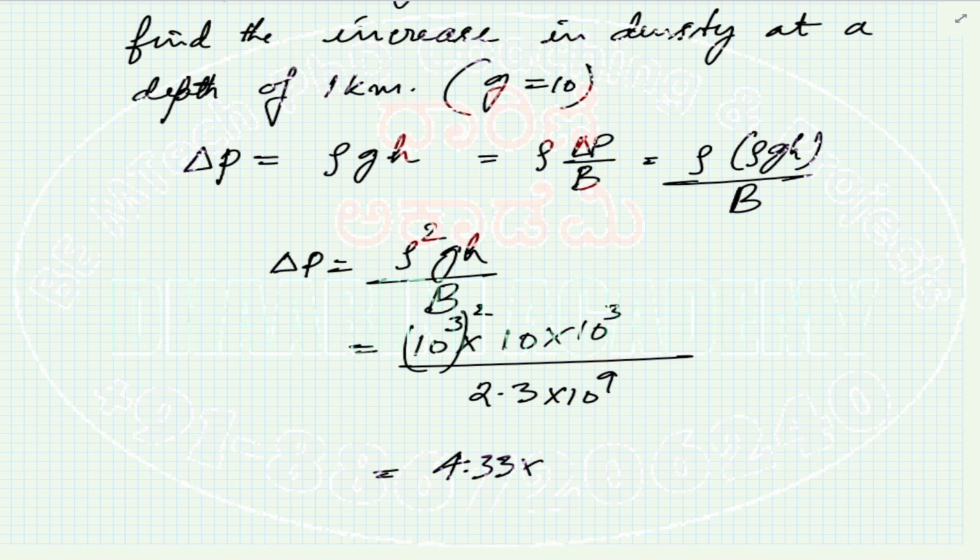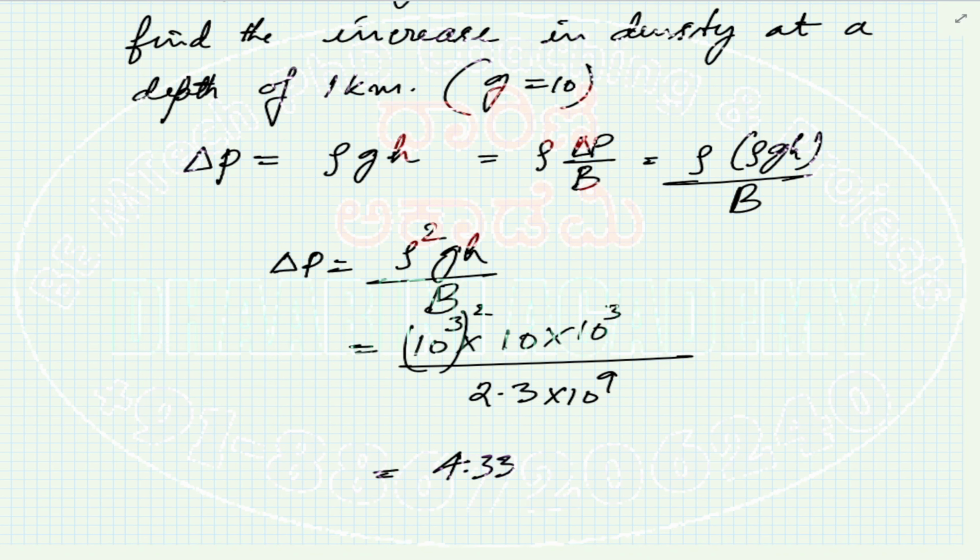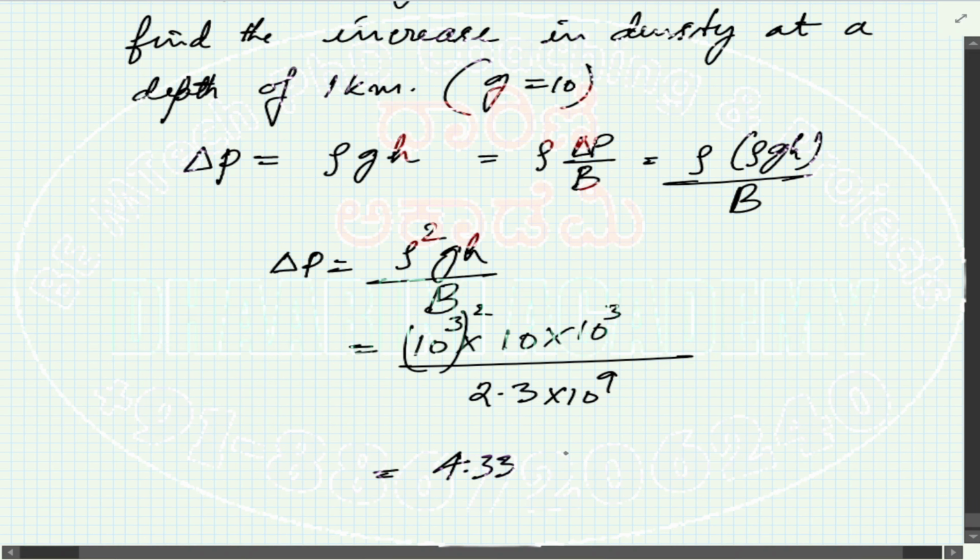I get 4.33 into... this has no 10 to the power. I'm not getting any powers, so let me keep that as it is. 4.33 units, kilograms per meter cube.